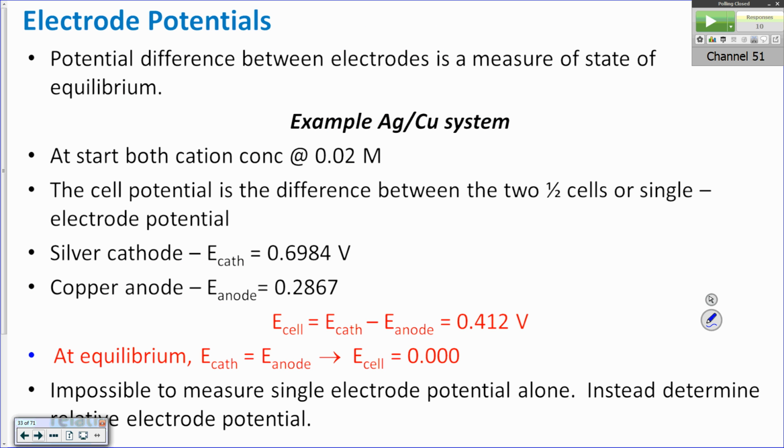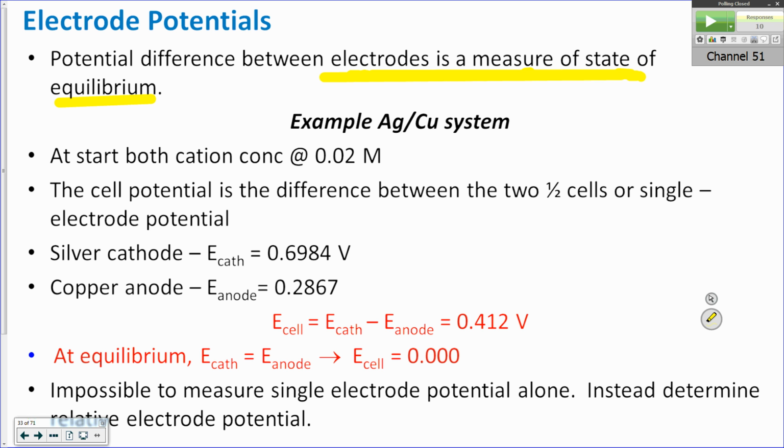So next topic is looking at electrode potentials. The key thing about electrode potentials is that you can't measure them individually. We know the potential difference is the difference in the electrochemical potential measured between two electrodes, and it's an indication of the status of equilibrium.